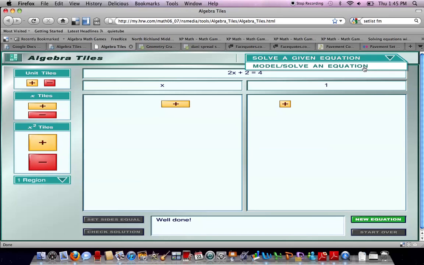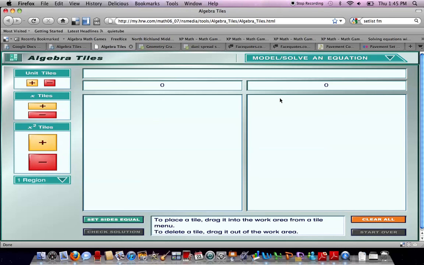Now I can also take an equation that I was given. If I go to model or solve an equation, and I look at the one on page 41, the first example, it says solve 3x plus 5 equals negative 7. So I'm going to model that. I have 1, 2, 3 x's plus 5, so I want 5 1's.